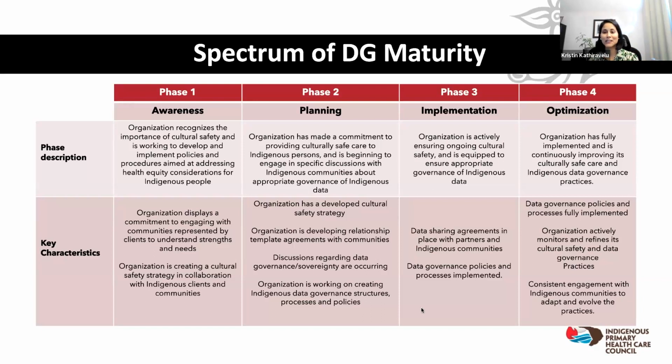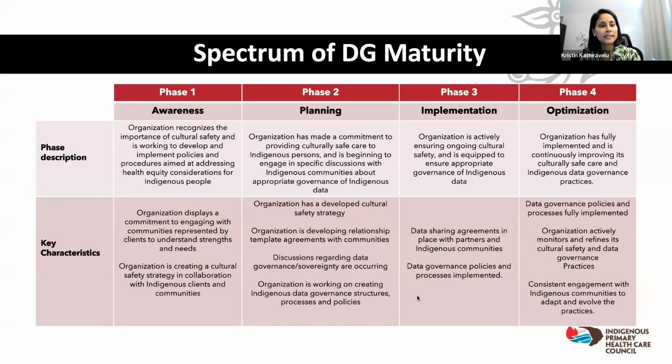Again, these slides are going to be shared, so I don't want you to get too bogged down with details. But if you had to know 3 or 4 things about this slide, it's the 4 phases that are outlined here. So an organization at phase 1 of maturity, again, is recognizing that cultural safety is important. It's working to develop and implement policies that support Indigenous persons.